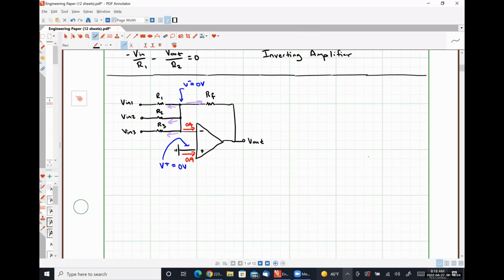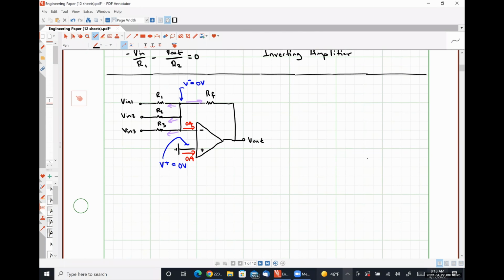And so what that's going to look like is negative VN1 divided by R1 minus VN2 divided by R2 minus VN3 divided by R3 minus V out divided by RF is equal to 0.